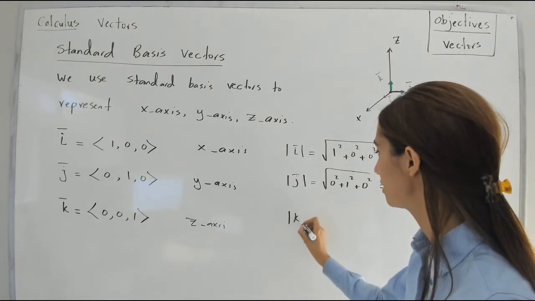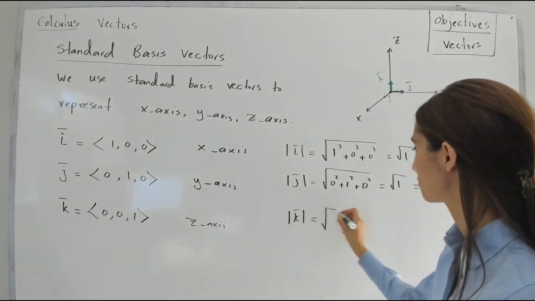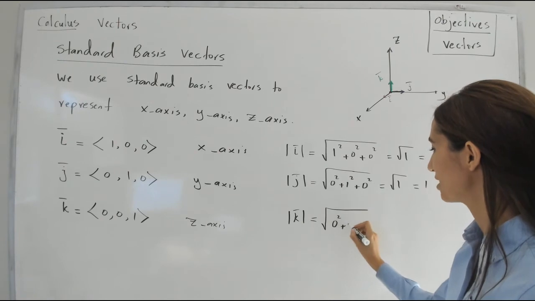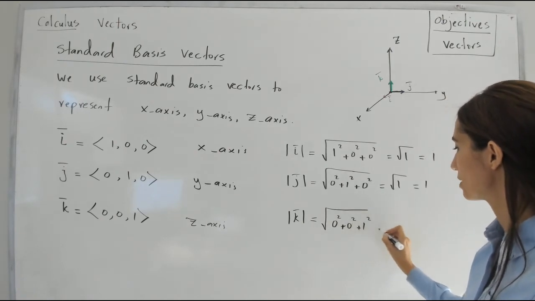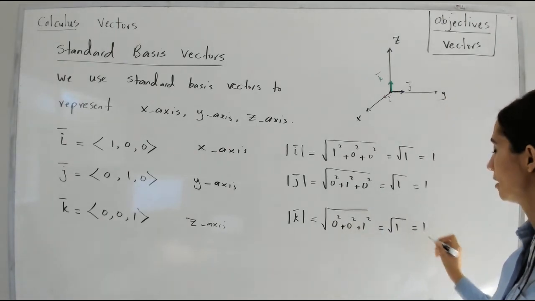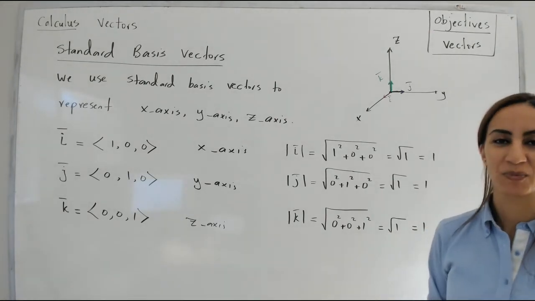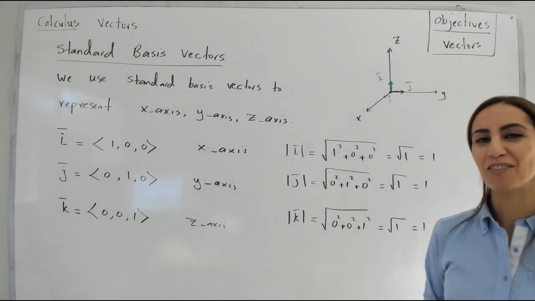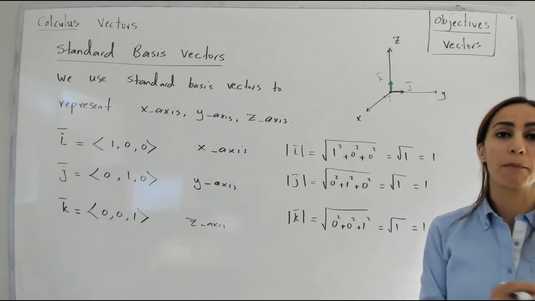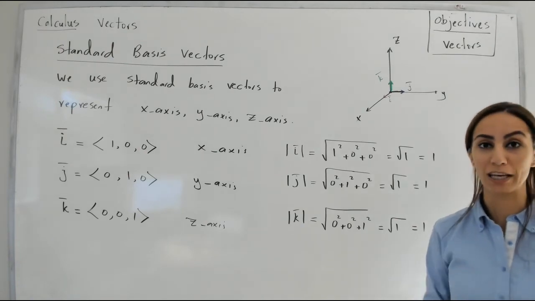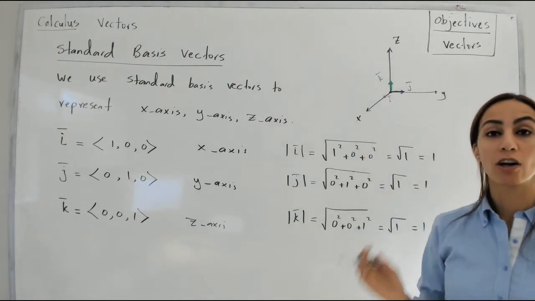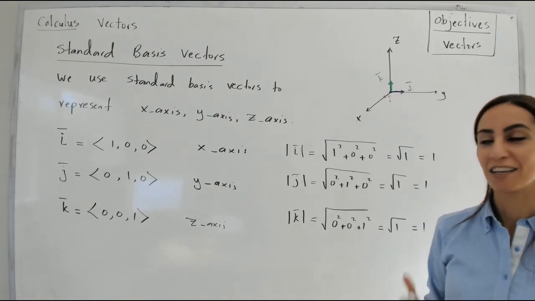The last vector, vector k, is 0 squared plus 0 squared plus 1 squared, which is the square root of 1, or 1. In general, if we have a vector with magnitude, norm, or length equal to 1, we call it a unit vector.